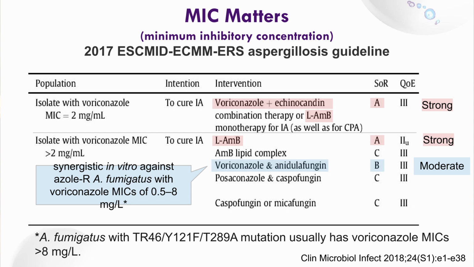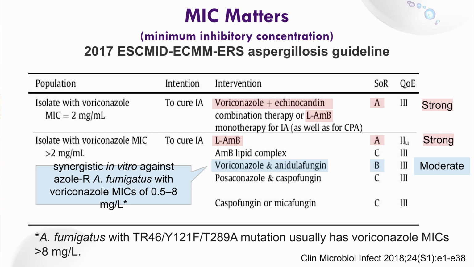For patients infected with fumigatus with a voriconazole MIC of 2 milligram per liter, the ECMM guidelines suggest that voriconazole and echinocandin combination or liposomal amphotericin B monotherapy are strongly recommended for treatment.